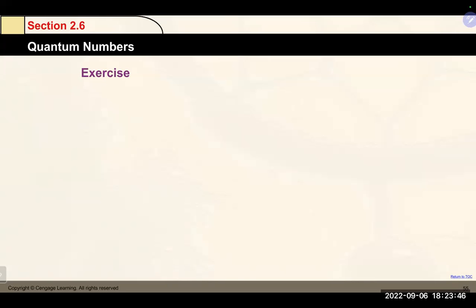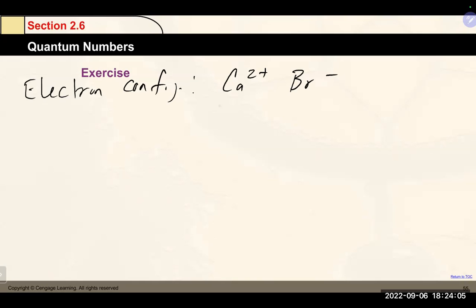What is the electron configuration for calcium with a +2? Bromine with a -1. Nickel with a +4 charge. You can just write the electron configuration, whichever way you want to write it.